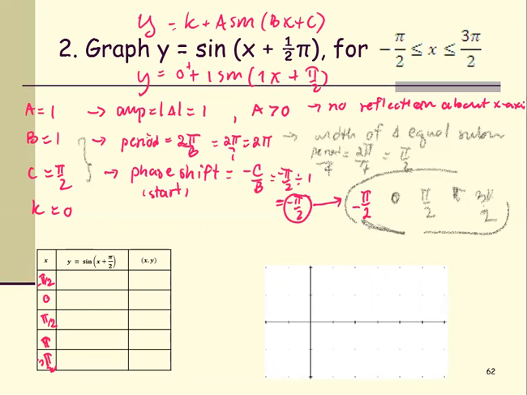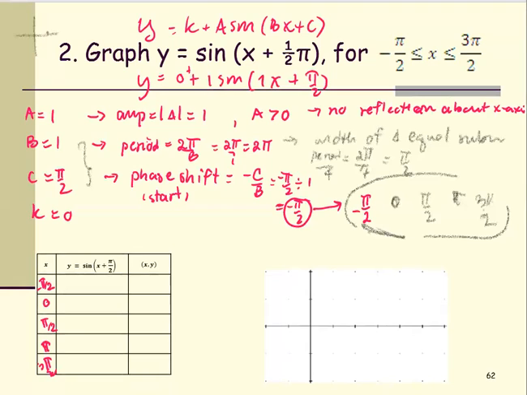For the 5 key points on the unit circle, the sine is the y coordinate. So starting at 0, and then 1, 0, negative 1, and then back to 0. So the values that we're going to put in here on the table are 0, 1, 0, negative 1, and 0.